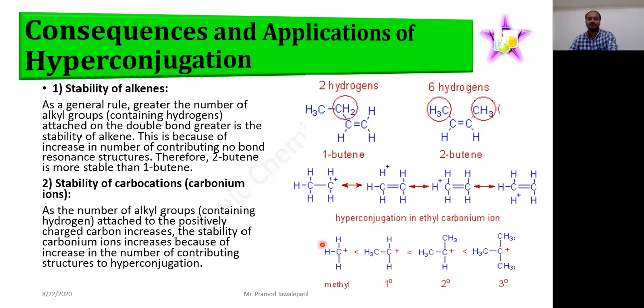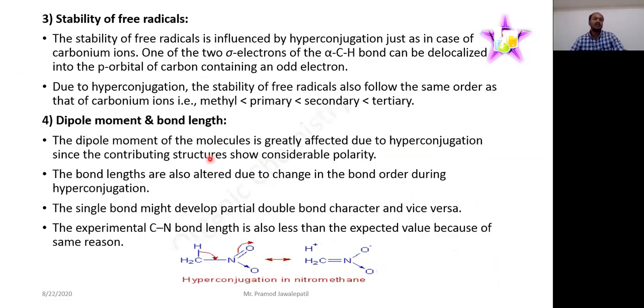The stability of free radical, same as in the carbocation. The stability of free radical is influenced by hyperconjugation, just as in the case of carbonium ion. One of the two sigma electrons of the carbon-hydrogen bond can be delocalized into the p orbital of the carbon containing the odd electron, or a single electron.